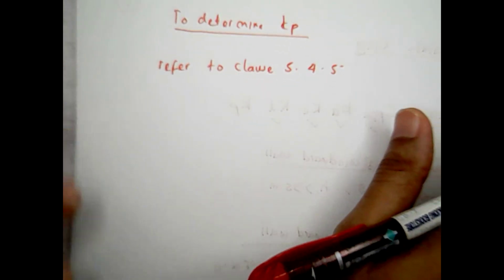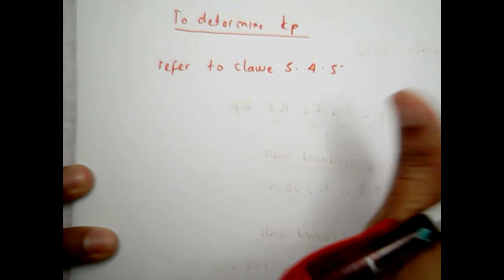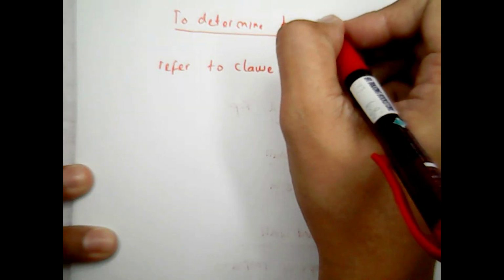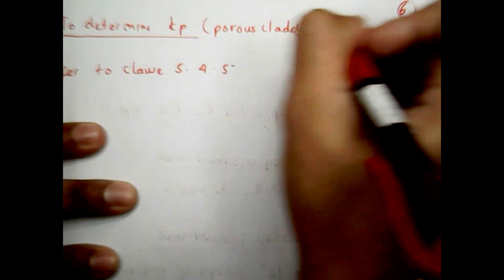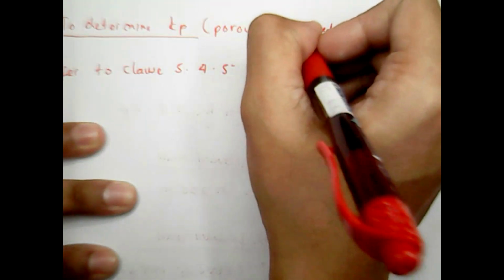5.4.5. In this clause, there is actually a porous cladding reduction factor, which is the cladding of the building reduction factor.